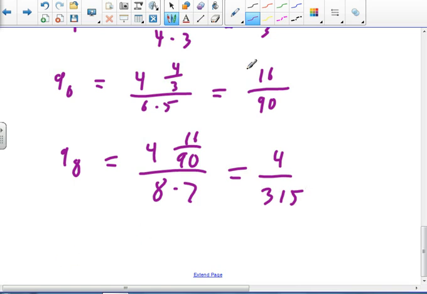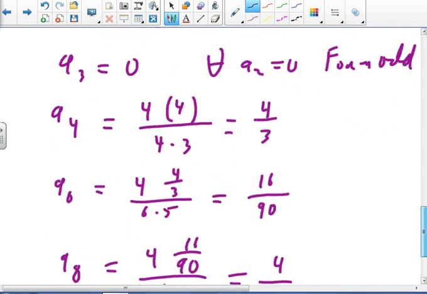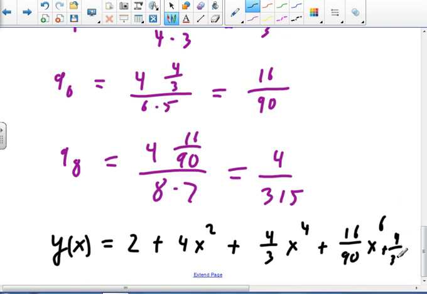Okay, so I'm saying, all things being equal, that y of x is equal to 2 plus 4x squared plus 4/3 x to the 4th plus 16/90 x to the 6th plus 4/315 x to the 8th.